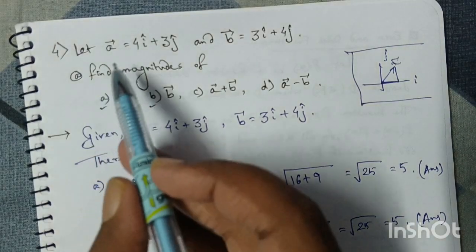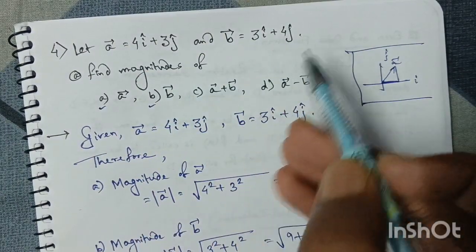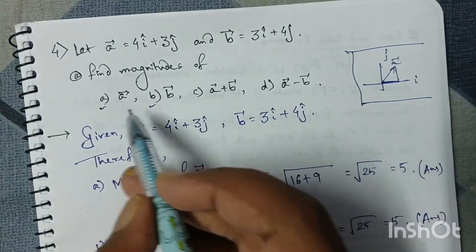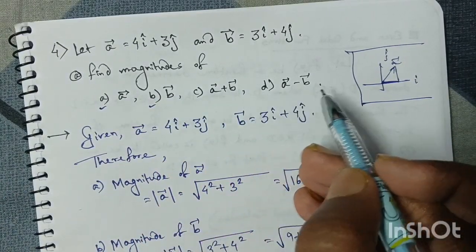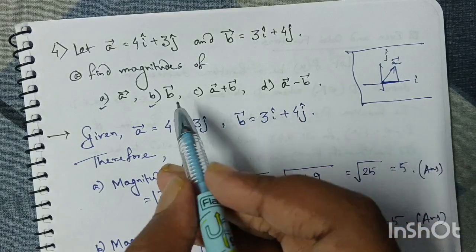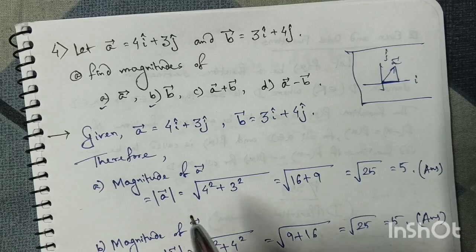Question number 4 says, let A is equal to 4i plus 3j and B is equal to 3i plus 4j. Find magnitudes of A and B, and A plus B, A minus B. These are very simple.